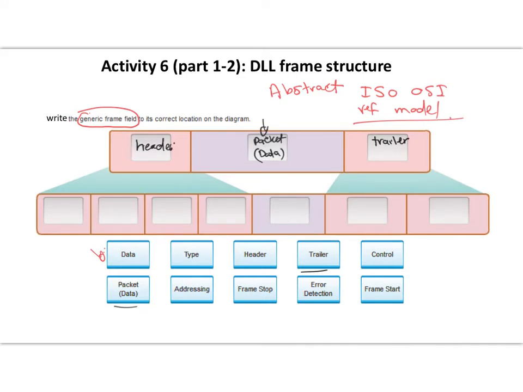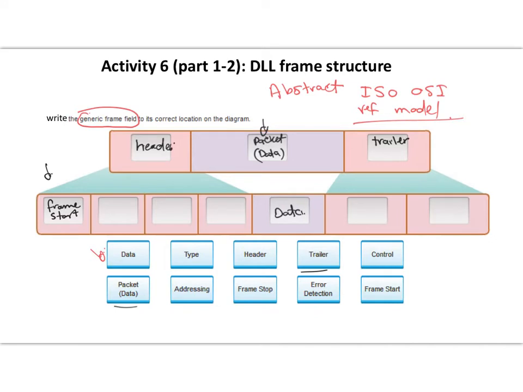Then we want to give more details about the header and the trailer. In the middle, we know that we have the data. But what about the left hand side? The first field from the left is the frame start.